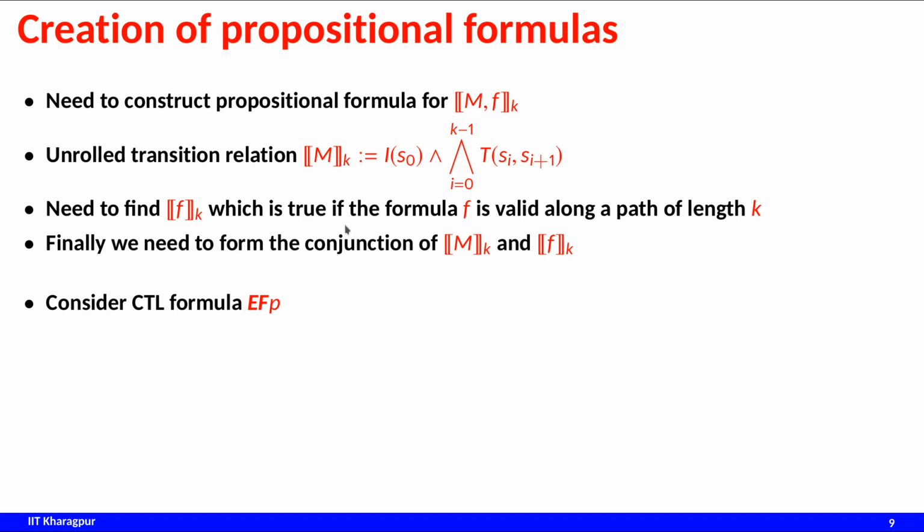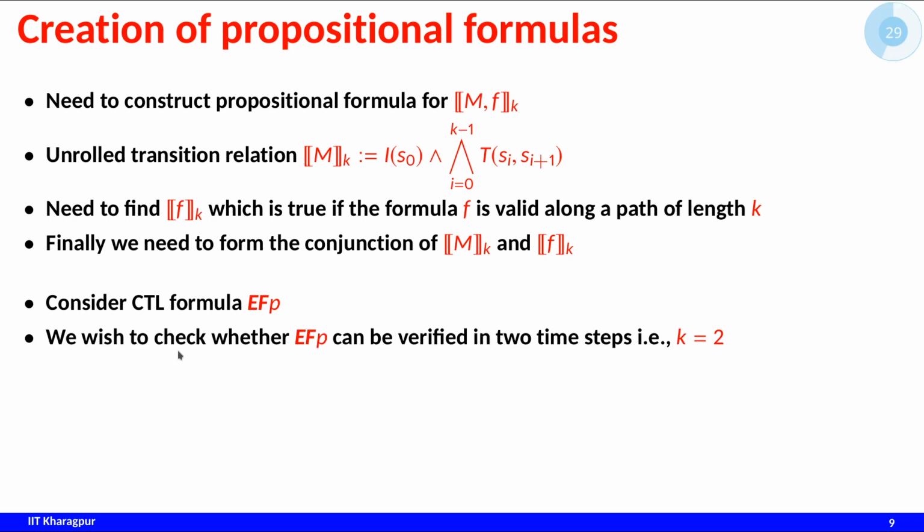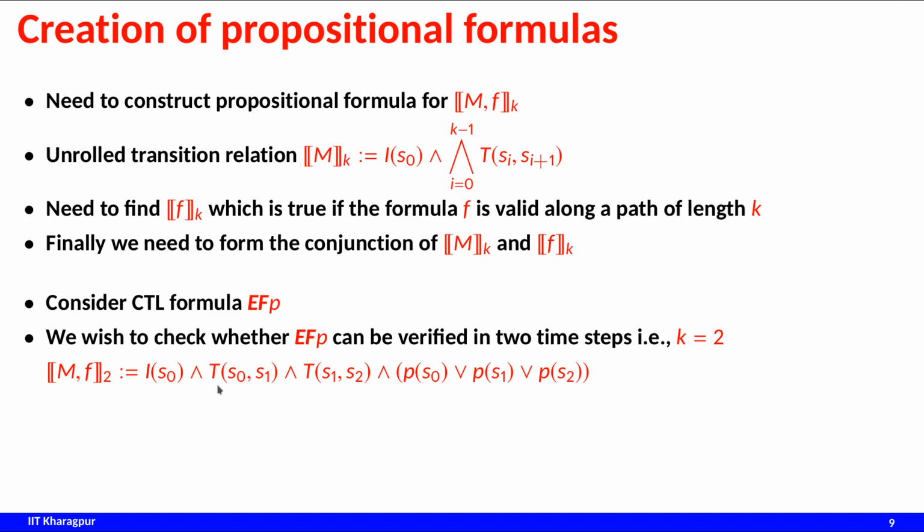So let's say we would like to consider the CTL formula EFP, and we would like to check whether EFP can be verified in 2 time steps, or we would like to check the validity of EFP with 2 time steps. So that means k equal to 2. If I want to check this, I need to unfold the transition relation for 2 time steps. So I have computed the transition relations, or extracted the transition relations, from the actual circuit.